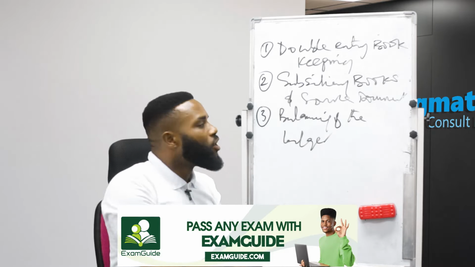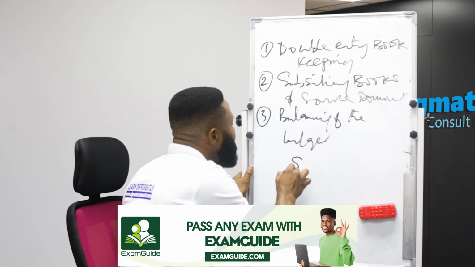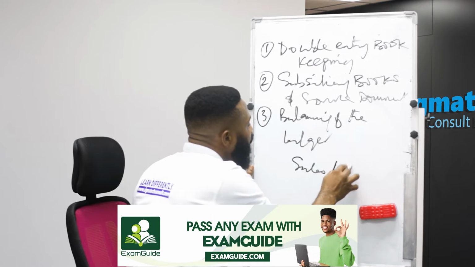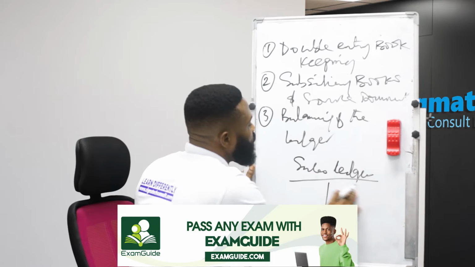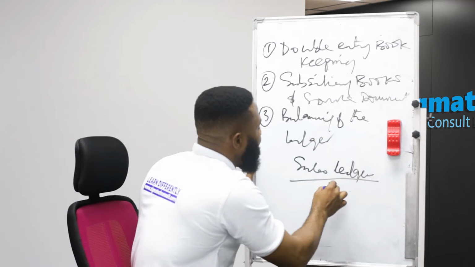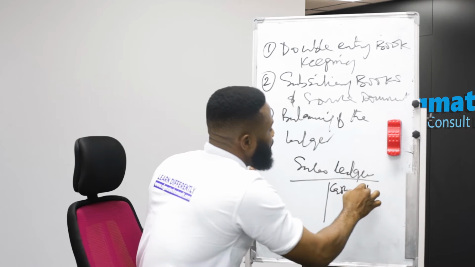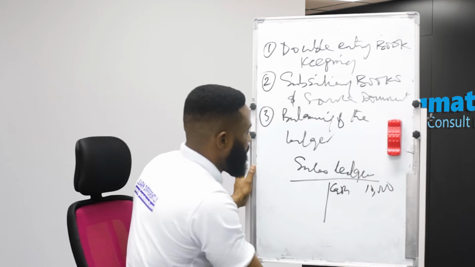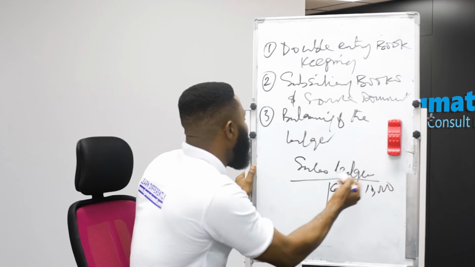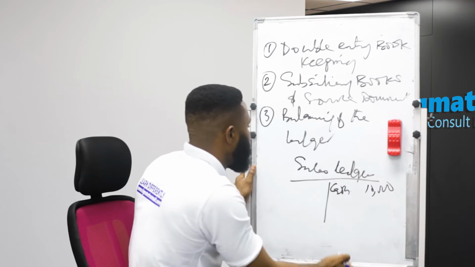When you have something like this, let's assume I have a sales ledger, and let me assume I have maybe cash here. Let me assume I have cash 10,000, and then this is cash 10,000. Let me assume I have return invoice.